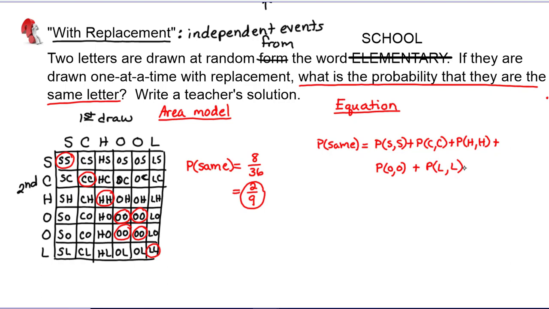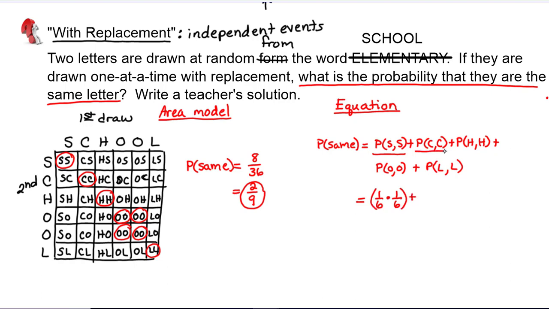Okay, so if I look at the probability of getting an S and an S, this is how we find that. The probability of getting an S the first time is 1/6. Now, if I put that S back, the probability of getting an S the second time is still 1/6. So I multiply those together.